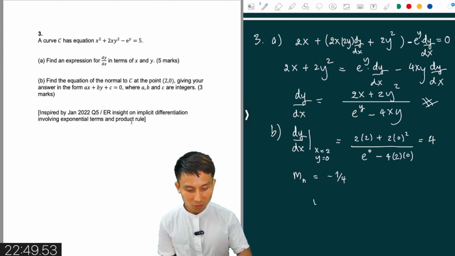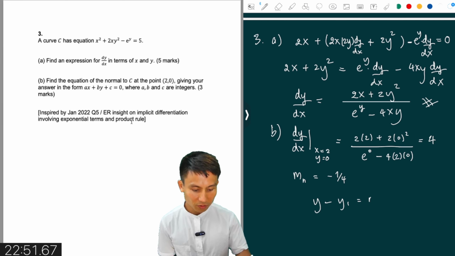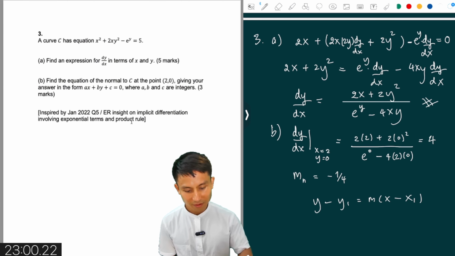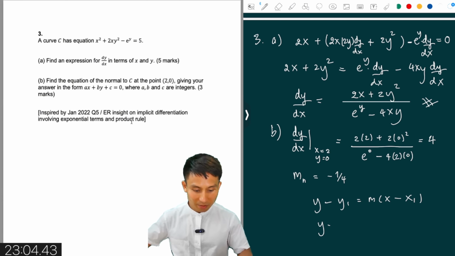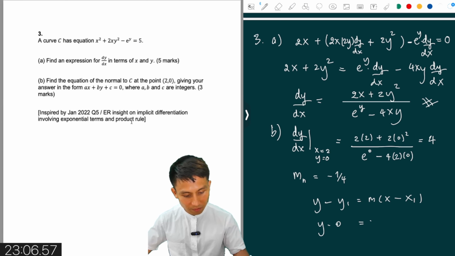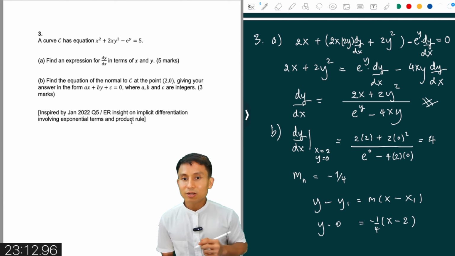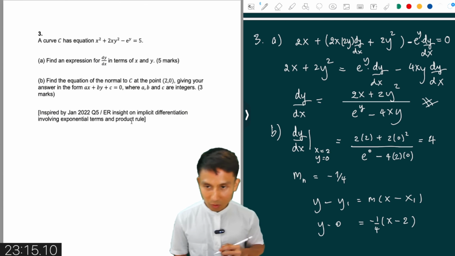And then we do y minus y1 equals m times x minus x1 to find the equation of the linear function. Y minus y1, with the same point, 0 there, equals m, which is minus 1/4, times x minus x1, which is 2. And then we need to make everything integers, ax plus by plus c.